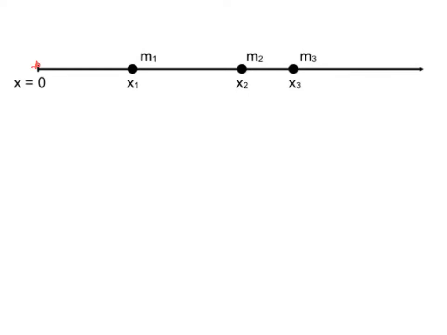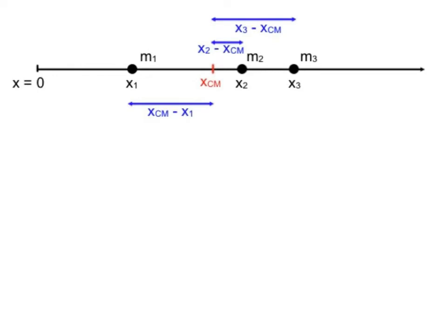I'm going to try to figure out a formula in terms of the variables shown here that would locate where that center of mass point is. I've again made a guess as to where the center of mass is. It doesn't really matter if I've got that right or not. But now I've written all of my distances so that they're with respect to the center of mass point.